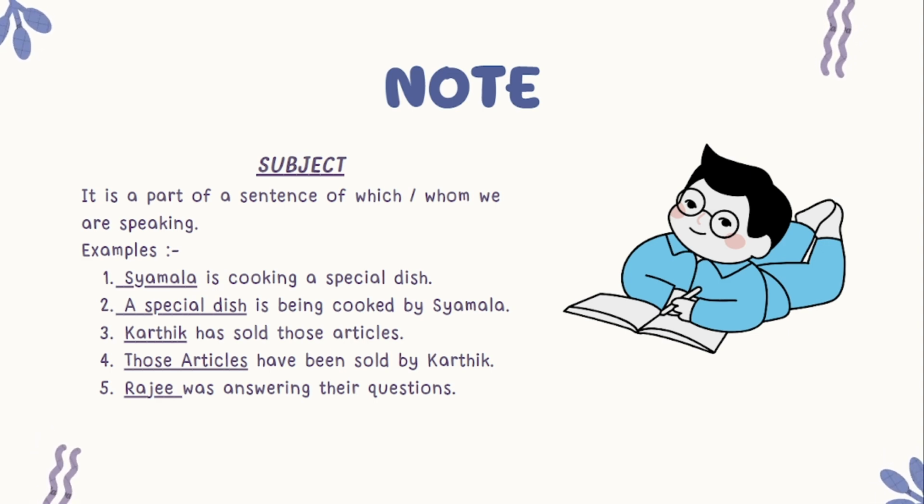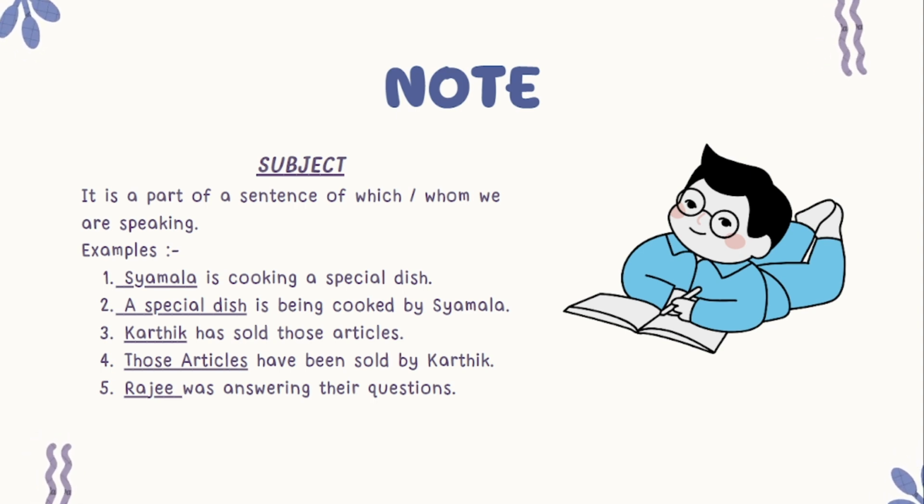We are speaking of Syamala. And the third one is Syamala is given priority in the sentence. That is why it is written at the beginning. So based on these three things, Syamala is considered as subject. Do you understand? Here special dish is not written at the beginning of the sentence, so it is not subject. Do you understand? See the second example.